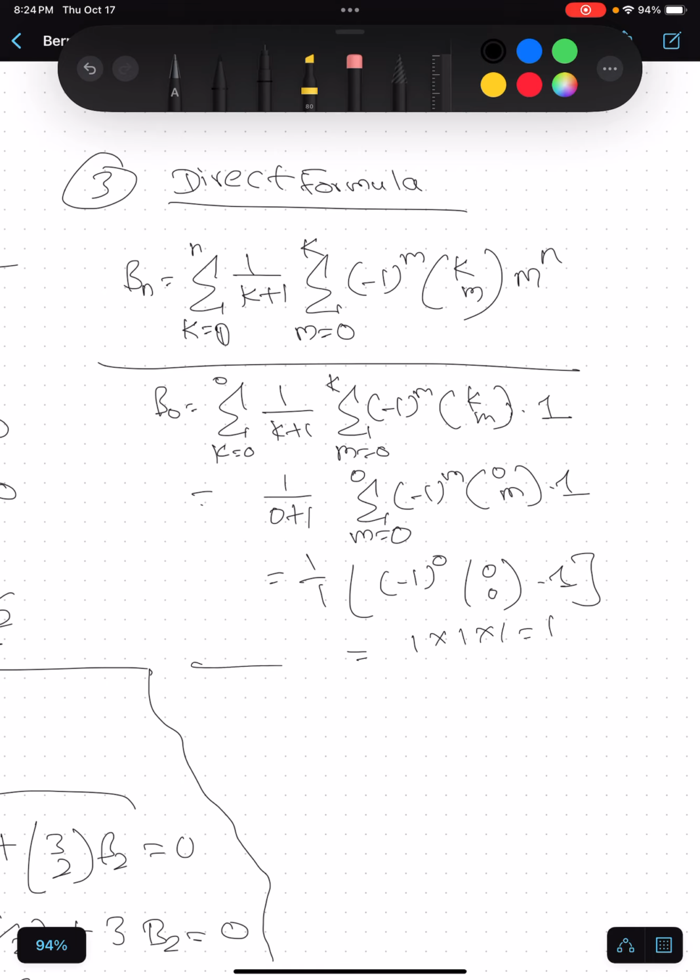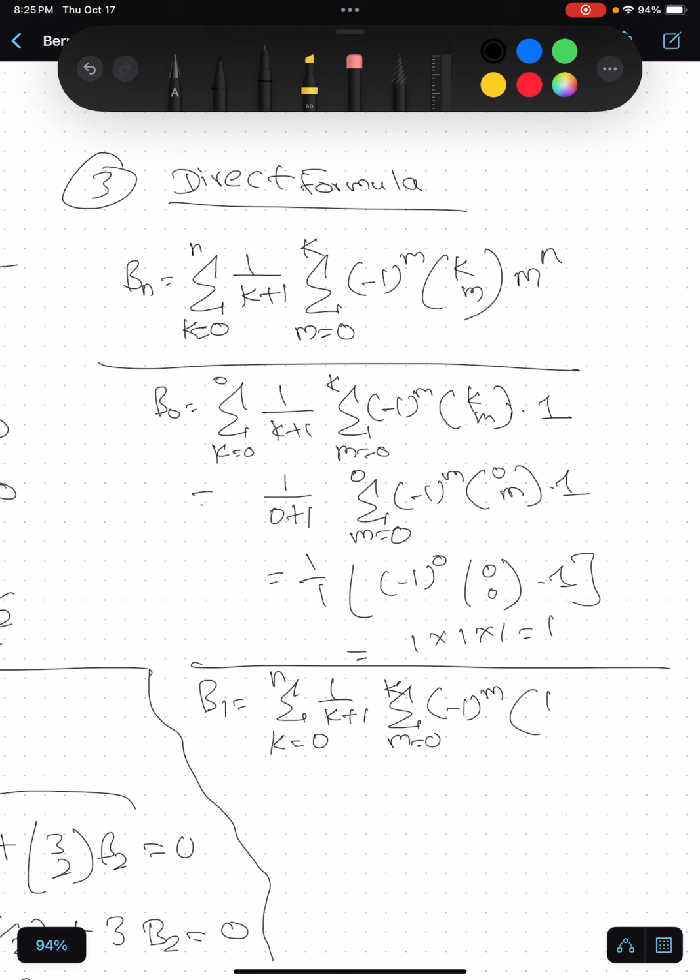Now let's try to find B of 1. B of 1, sum from k equals 0 to n, 1 by k plus 1. Sum from m equals 0 to k, minus 1 to the power m, k choose m, to the power n, right?